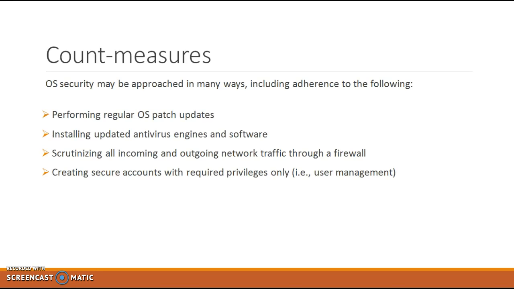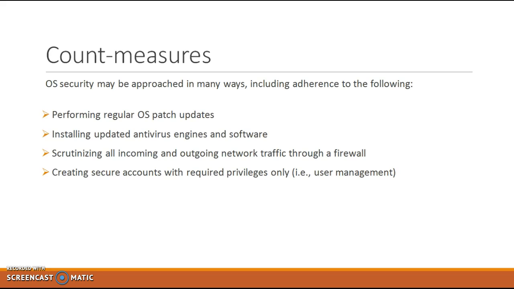Second, being an information security professional, you need to check whether the antivirus engine and software have been installed. For example, whether you are using Norton, Kaspersky, or Symantec, whatever antivirus you are using, you must have the latest definitions for it.